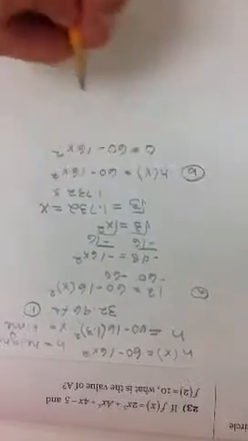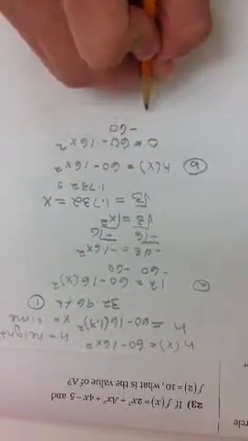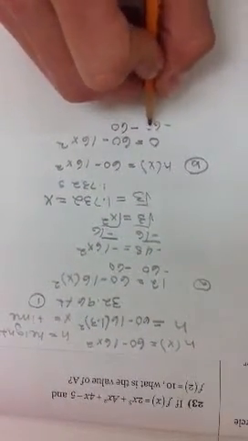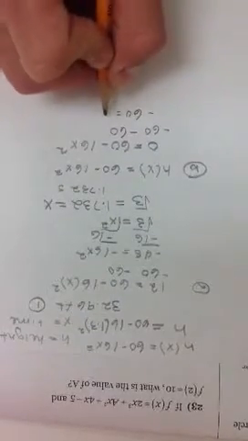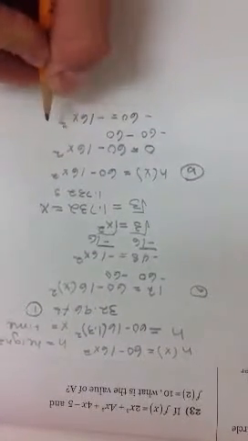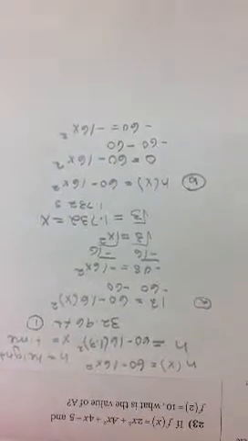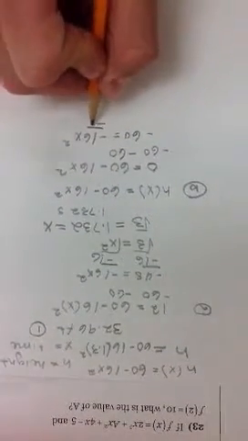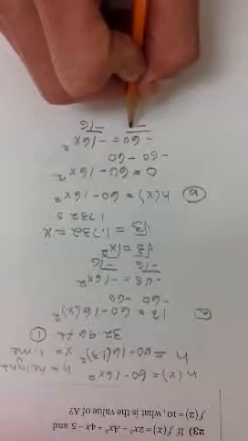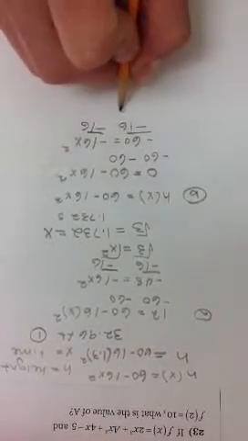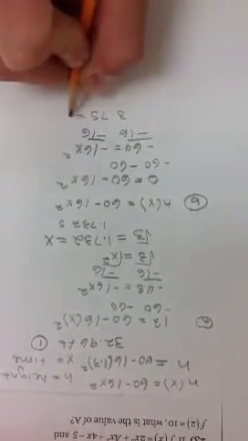And we're just going to do the equation. Subtract 60, negative 60 equals negative 16x squared. Once you divide both sides by negative 16, you're left with 3.75 equals x squared.